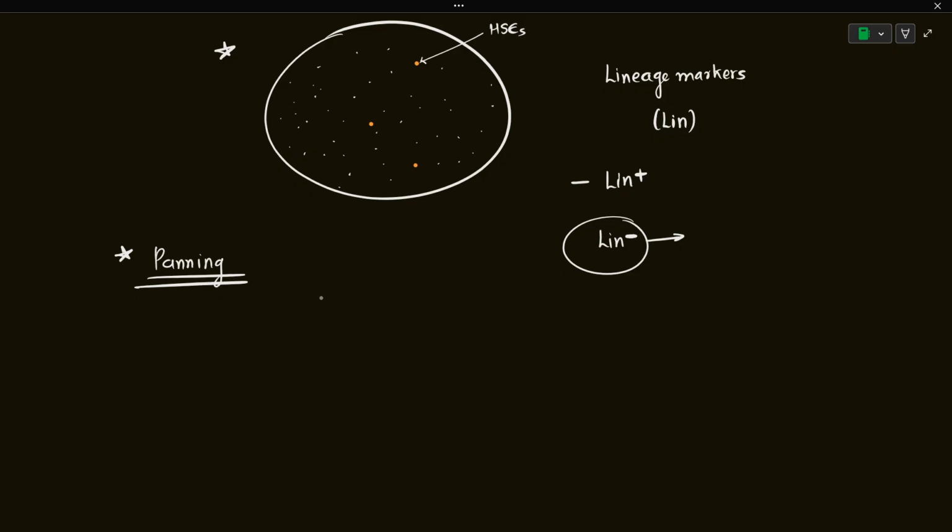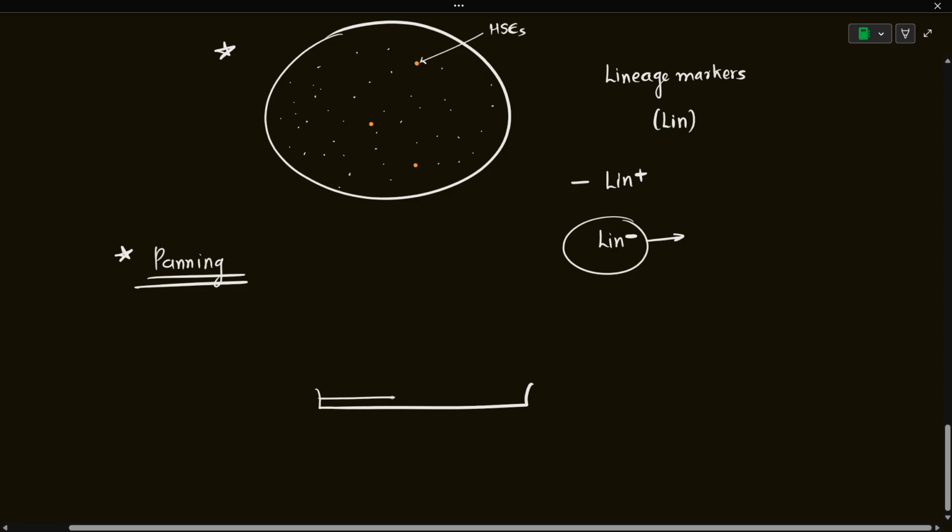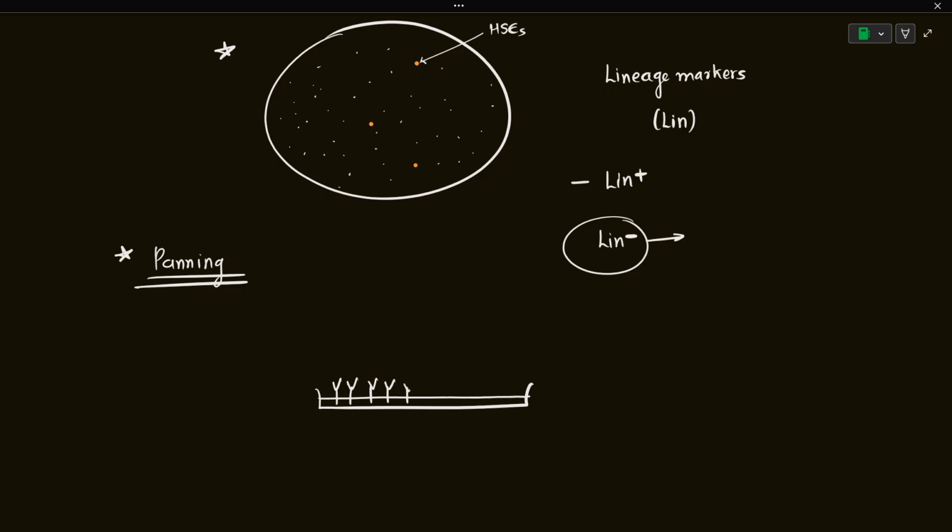Once we found the monoclonal antibodies, the anti lineage specific antibodies can bind to specific lineages of cells. Those antibodies are bound to plastic. So let's say that this is a tray, and here is the plastic layer, and here these antibodies are the plastic bound antibodies.